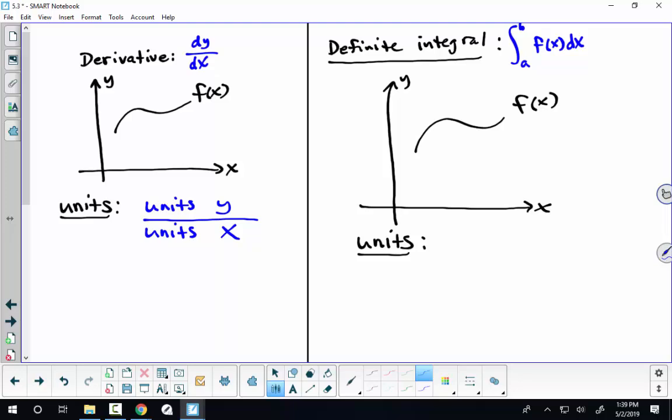And the units for the definite integral were what? Does anybody remember? X times y. Right. This is y divided by x, but with a definite integral we see the y values times the x values. So the units here are the units of y times the units of x.